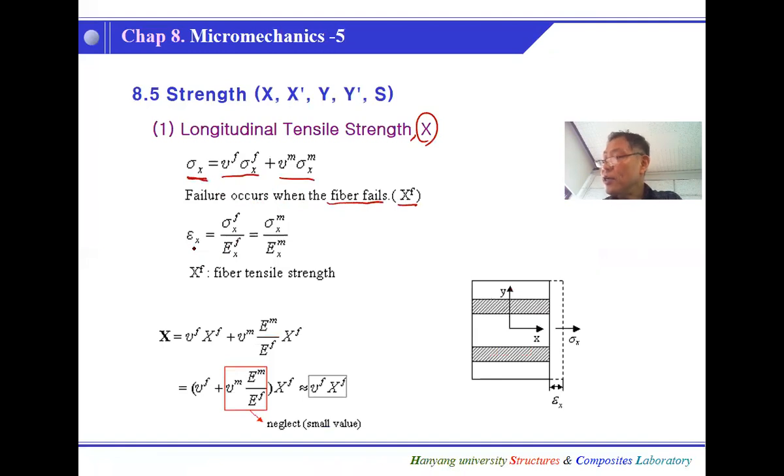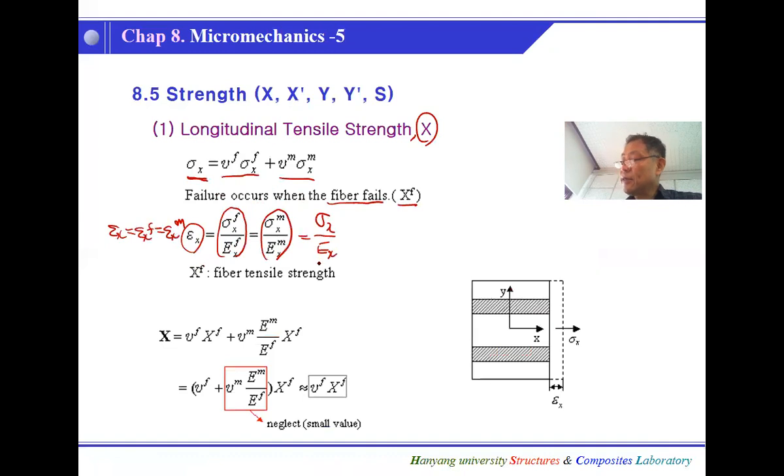The x-directional strain of the fiber, epsilon xf, and epsilon xm of the resin will be the same. So this one is the fiber, and this is the resin, and basically this is the EX and sigma x. And so X comes from here.